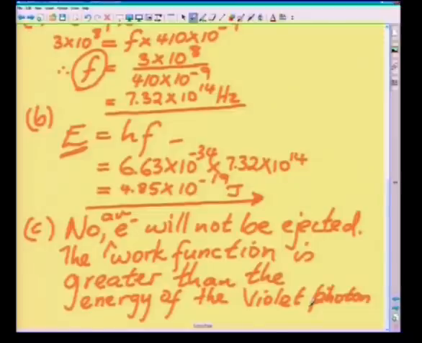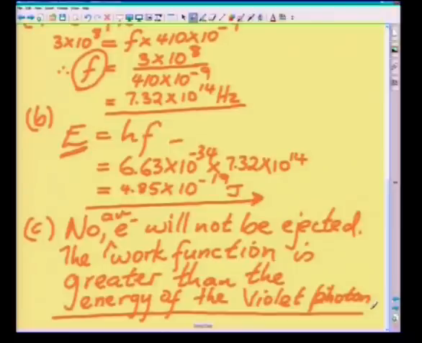So because the work function is greater than the energy carried by a photon of violet light, there will be no electron ejected.